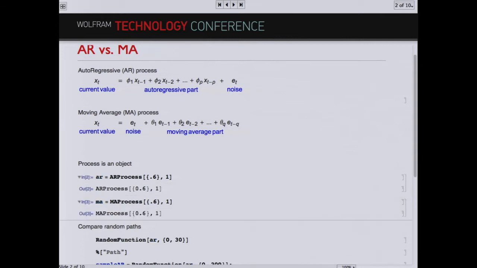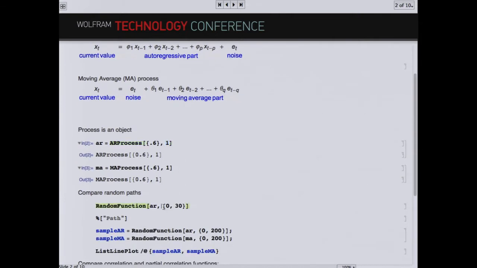Here I have AR of order 1, and so my phi1 coefficient is 0.6. Moving average process also of order 1. This 1 here refers to the variance of the noise. We assume that the noise is Gaussian, with independent random variables of mean 0 and variance given by this parameter here.